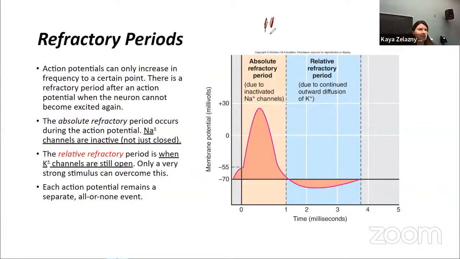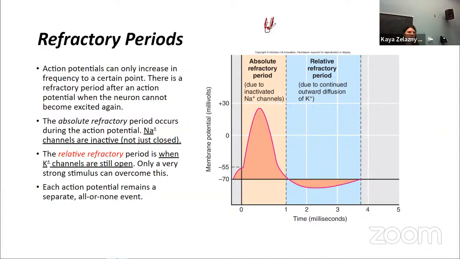And then we had that inactivation gate that swung closed. When that inactivation gate is closed, you just can't reopen it until it relaxes and gets back to its starting state. Can't do it, no way, no how. So when our sodium channels are inactive because of that inactivation gate, we are in our absolute refractory period.